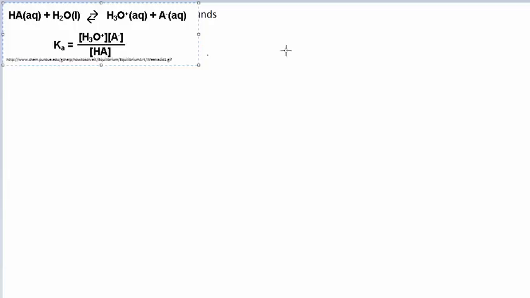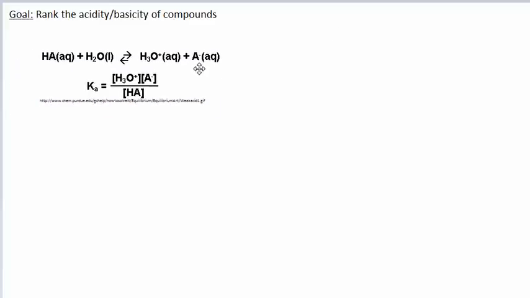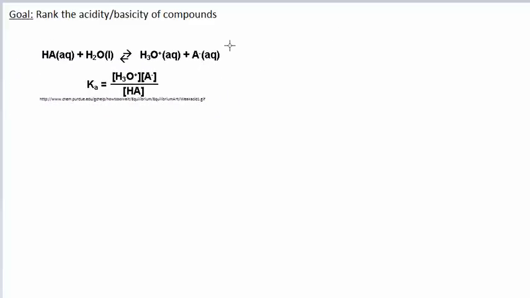Hopefully you remember this equation, which describes how acid-base reactions generally work. You have some sort of acid, it donates this proton to water, and you get H3O plus and this conjugate base over here. And we have an equilibrium constant, which we call Ka, which is a ratio of these elements over here.